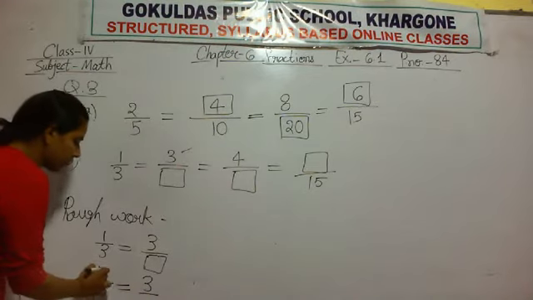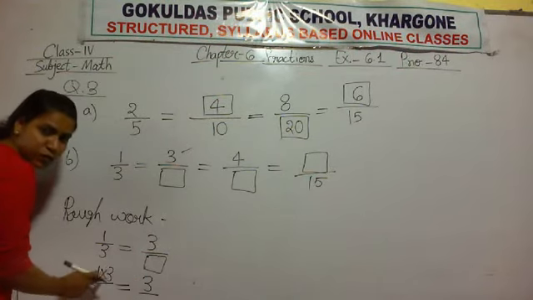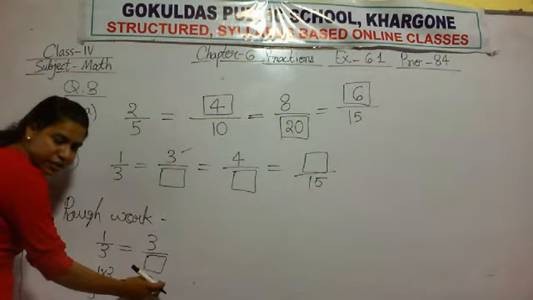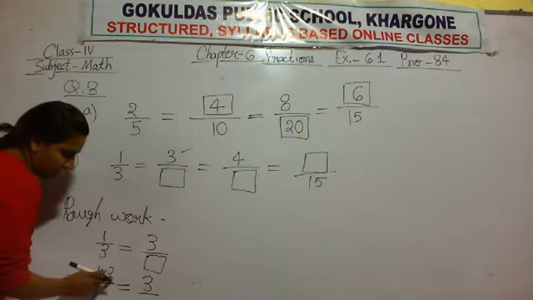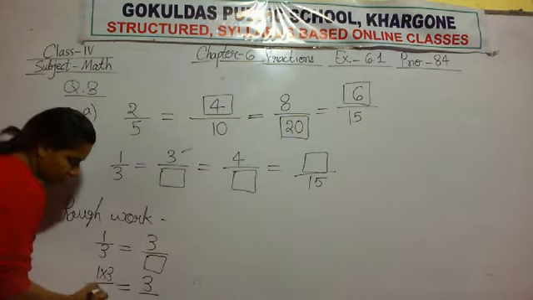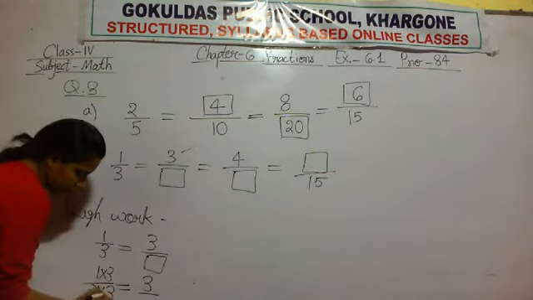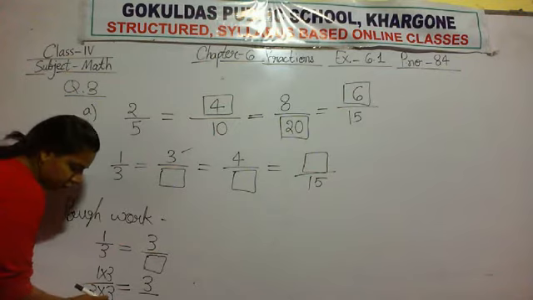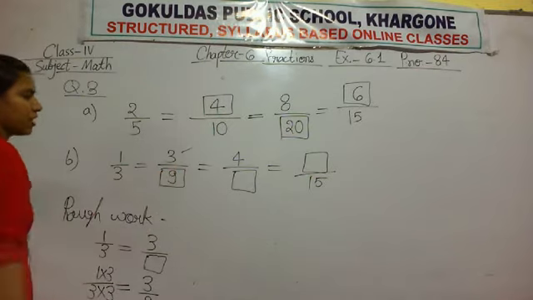So if I multiply 1 with 3, 1 into 3 will give me 3. Means if I multiply 3 with numerator, so I need to multiply 3 in denominator. 3 into 3 gives 9. So here what will come? 9 will come here.